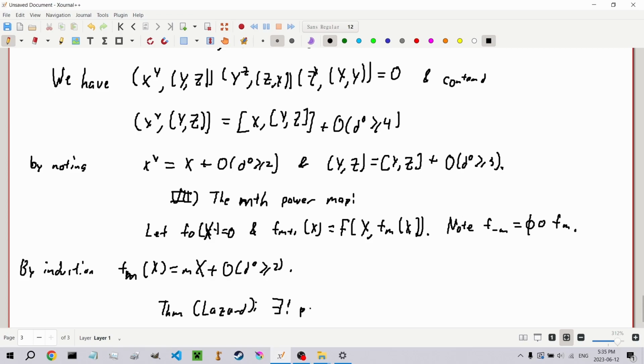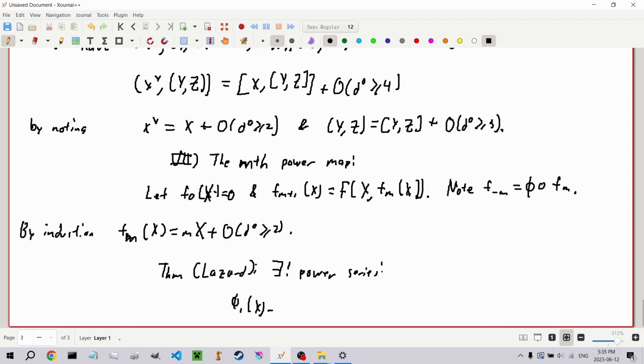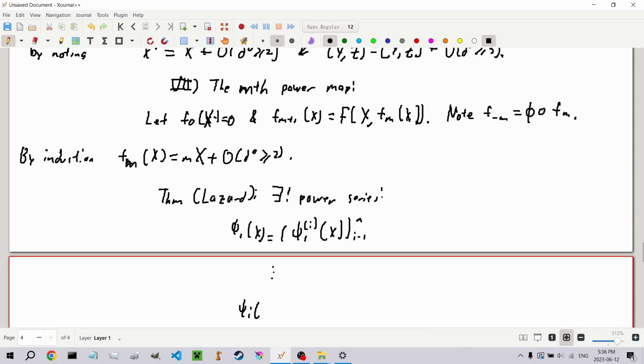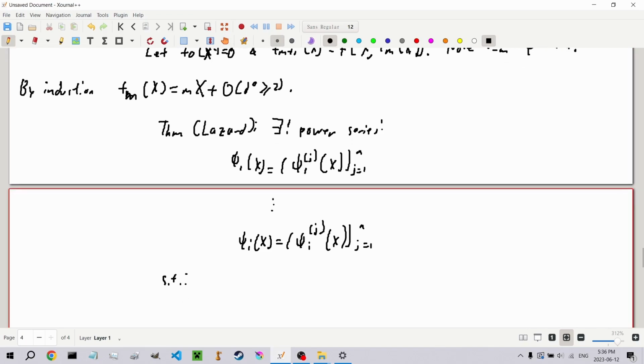It says that there exists a unique power series C1 of x, being split into components C1i, of course from 1 to n of x, through Ci of x being Ci to the j of x, j from 1 to n, such that, first off, C1 of x is just x.